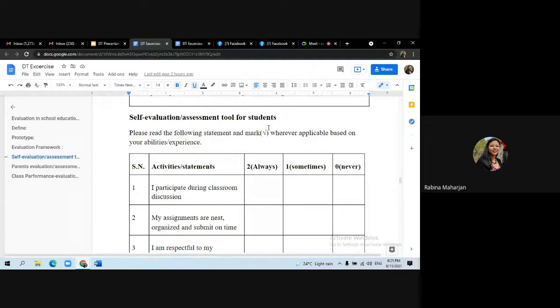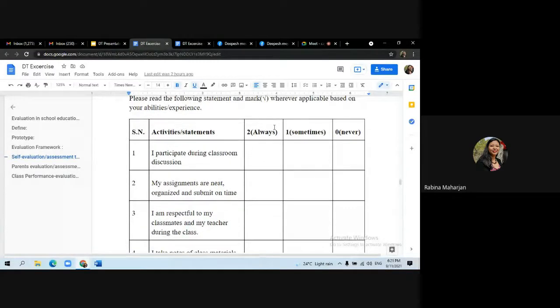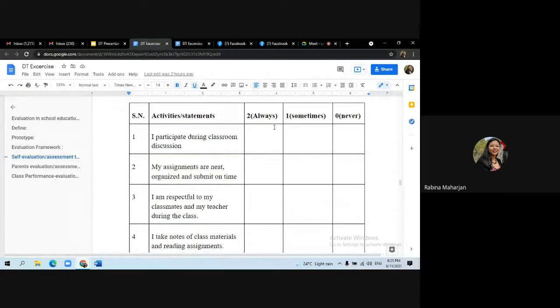So we believe in that principle, and that's why we have developed a self-evaluation assessment also, which covers statements such as I participate during classroom discussion. The student will evaluate whether I always participate in the classroom discussion. If yes, then he or she will give him or herself 2 marks. If sometimes, 1 mark, or if never, 0 marks.